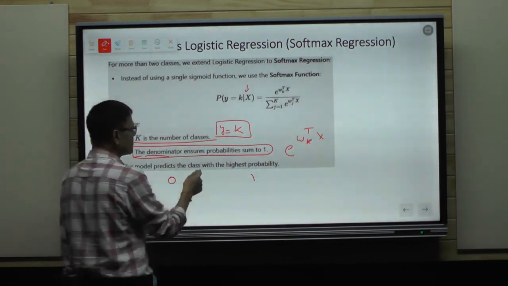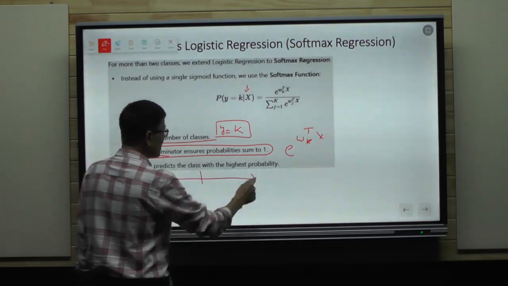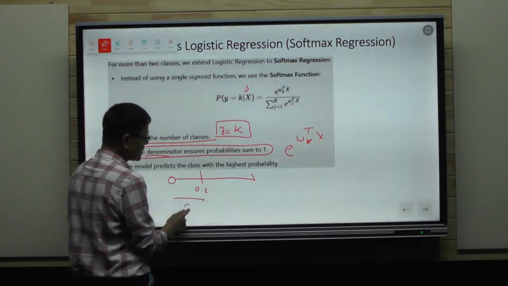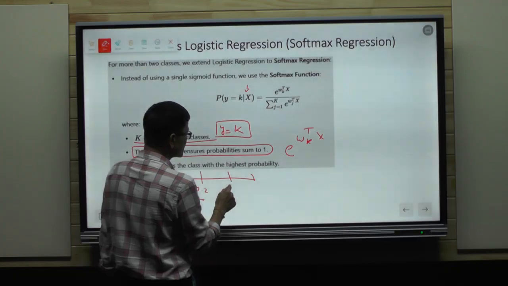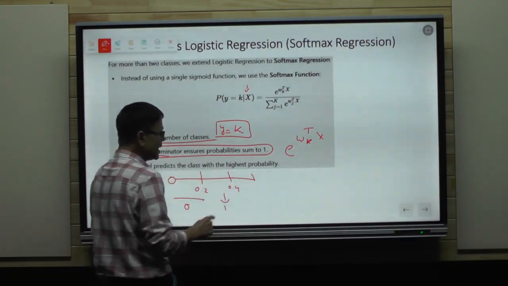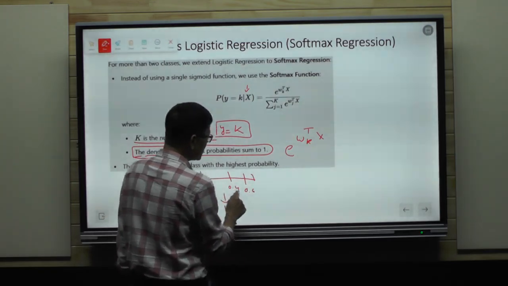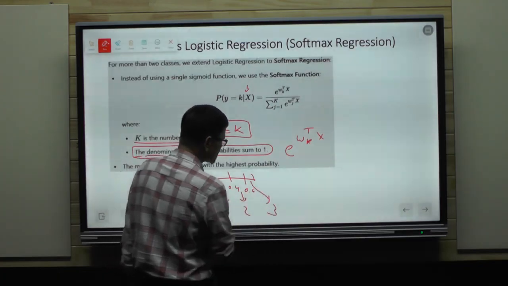We can divide it into intervals: let's say below 0.2 is termed class 0, from 0.2 to let's say 0.4 belongs to class 1, and from 0.4 to 0.6 belongs to class 2, and this belongs to class 3.